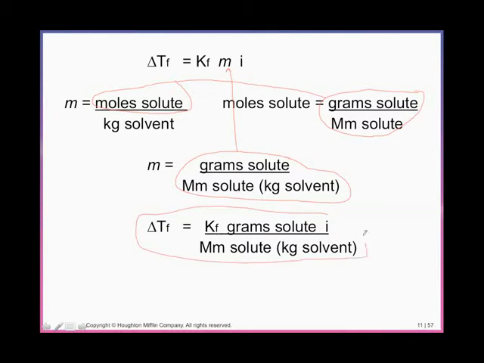So if you copy this one out, in fact, I want you to copy them all out, but this one especially, because the most common kind of question would give you grams of solute, and they give you the formula, so you can calculate the molar mass. And you can easily get kilograms of solvent. Plus, you can also solve this formula for molar mass of solute, which it is many times. So I'd copy that one out and pay special attention to that one.